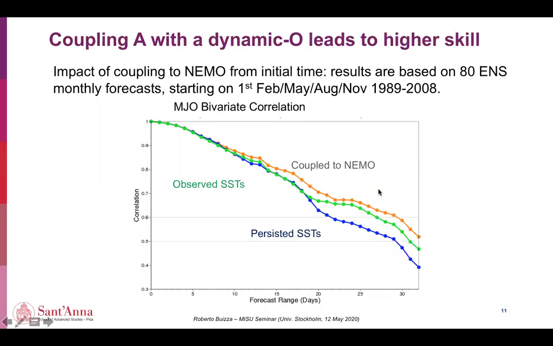So if you don't have a dynamical ocean, your curve is this blue one, which is much lower than the one we get here. And if you look at the time when you cross the 0.6 anomaly correlation line, you see that you would cross it at day 21 with a persisted sea surface temperature, and you get up to about day 28 if you had the coupled ocean.